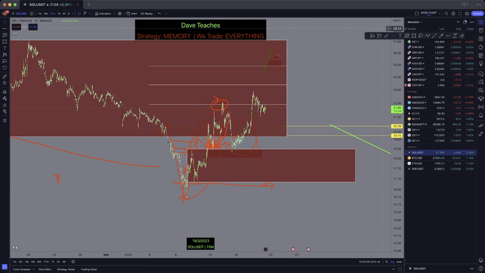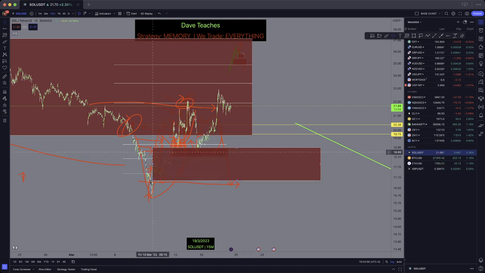Because now if we're talking about larger structure, if we're considering areas being violated, advanced market structure, we know that after we violate, what happens? We're given a new demand.